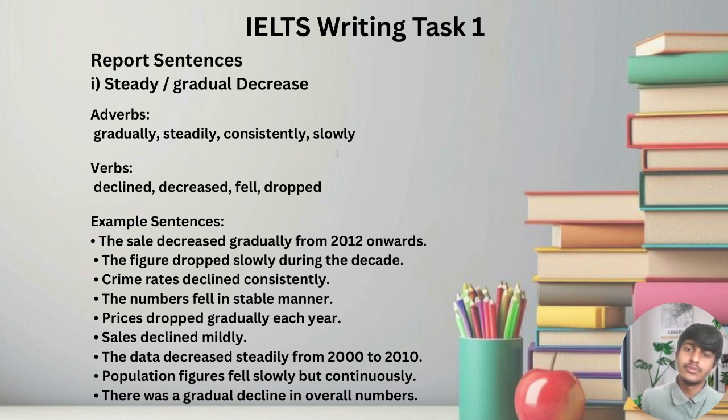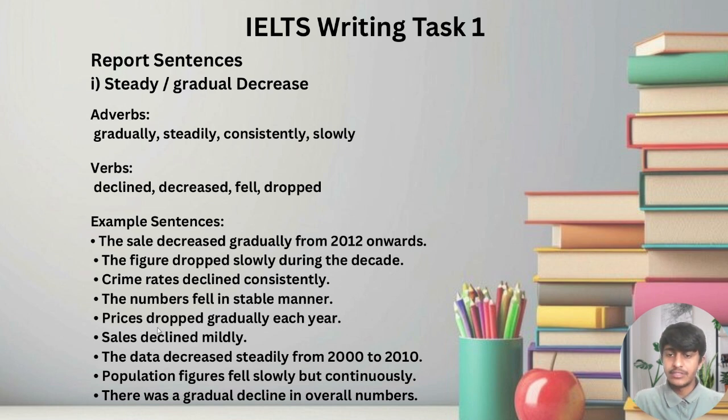This sentence is used when the data keeps decreasing at a similar rate, meaning there were no sudden changes or fluctuations. Number 4 is: The number fell in a stable manner. This sentence shows a regular and controlled decrease. It is suitable when the graph line is smooth.